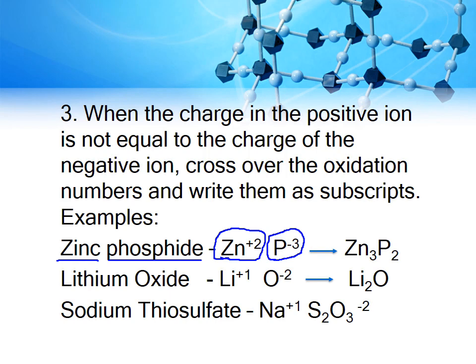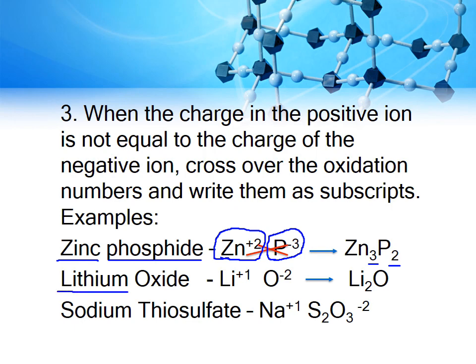So what we shall do is cross over their oxidation numbers and write them as subscripts. In this case, the 2, which is the oxidation state of zinc, will now be the subscript for phosphorus. And the 3, which is the oxidation state of phosphorus, will now be the subscript for zinc. So therefore, the correct formula of zinc phosphide is Zn3P2.